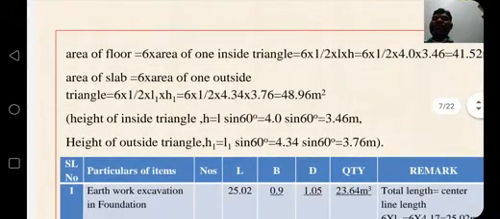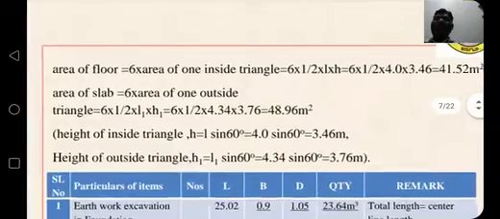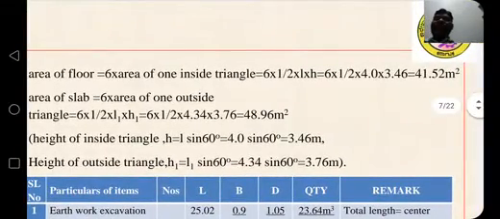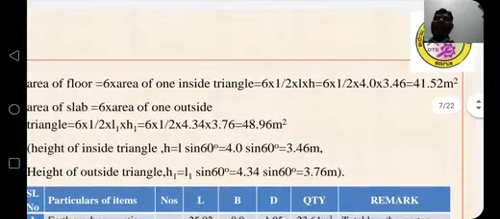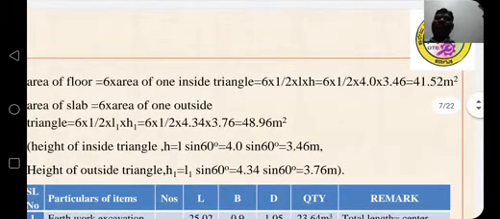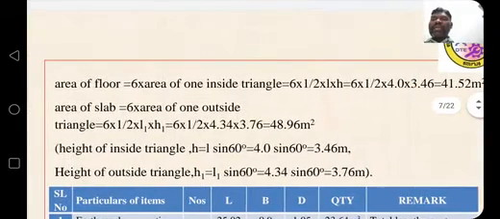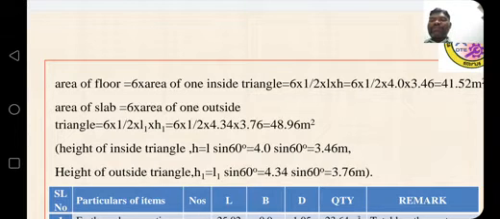Area of floor is equal to 6 into area of one triangle, 6 into half into length into height, 6 into 1 by 2 into 4 into 3.46, which is 41.52 square meter. Area of slab is equal to 6 into half into L1 into H1, 6 into half into 4.34 into 3.76, which is 48.96 square meter.